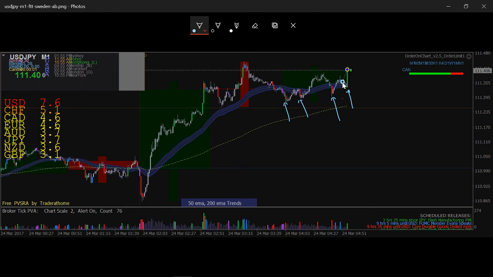I was a little bit wrong because it went a little bit down, but then there was a huge green candle that broke the dragon and broke the previous high here. And this was enough for me to make my 5 pips. So this is a series of higher bottoms.